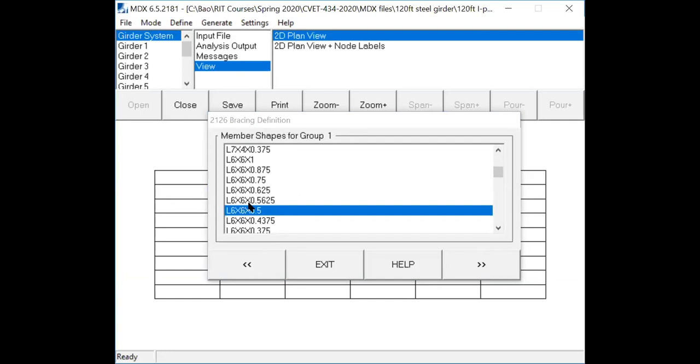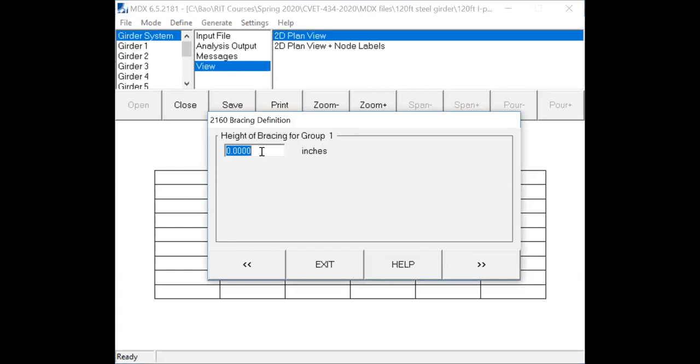Again, angle usually is the least expensive piece. Usually, you know that if you over design a little bit, it's not a big deal. So I choose L 6 by 6 by 1/2, because this number, based on the girder spacing, is pretty safe. I just choose that.